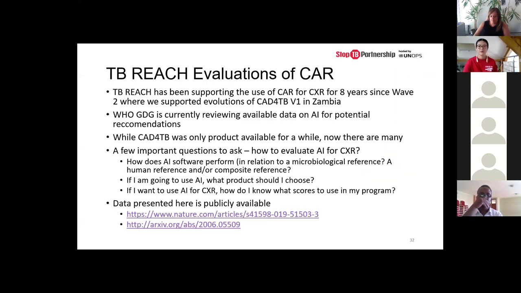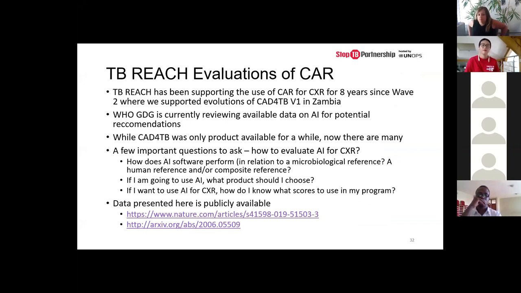So Zhizhen has talked about what we have been doing, and I think it's important to mention for people that WHO is currently reviewing available data on AI for potential recommendations. And there are a number of important questions to ask. How does this software perform?